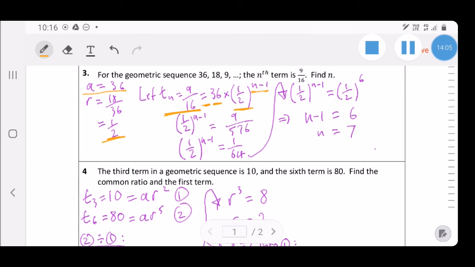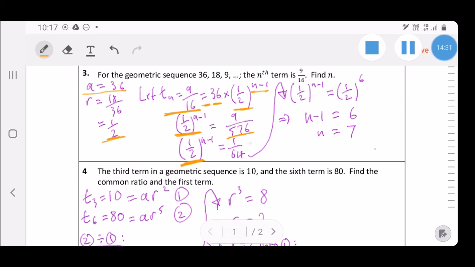Now, the first thing I do is divide both sides by 36 so that I get the bracket half to the n minus 1 on its own. So I get that on its own equals 9 over 16 divided by 36 gives you 9 over 576. Now I'll just keep the left-hand side the same for the time being.